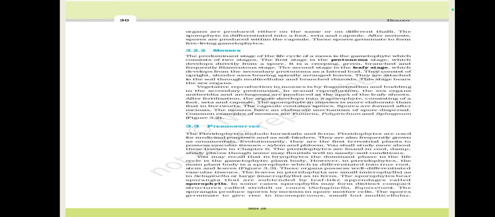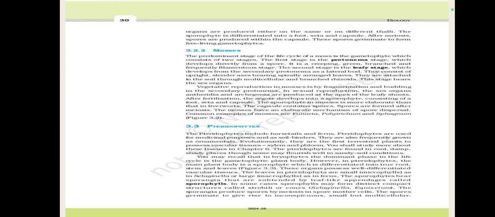The sporophyte in mosses is more elaborate than that in liverworts. The capsule contains spores. Spores are formed after meiosis. The mosses have an elaborate mechanism of spore dispersal. Common examples of mosses are Funaria, Polytrichum, and Sphagnum, which are shown in Figure 3.2.